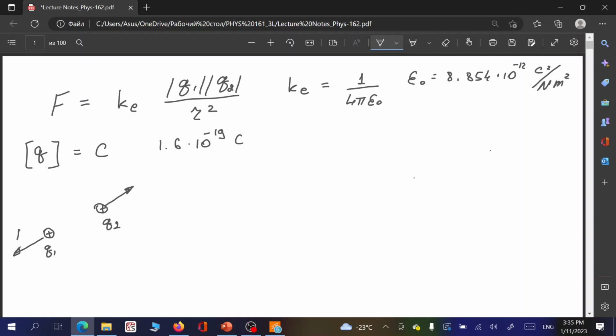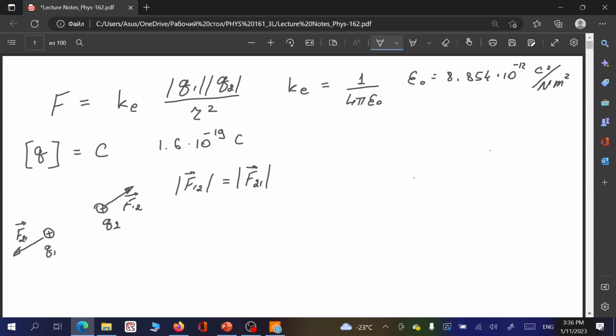So this will be F21, this is F12, and we can write that the absolute value of F12 will be equal to the absolute value of F21. And in terms of direction, they will be opposite, according to the third law of motion.